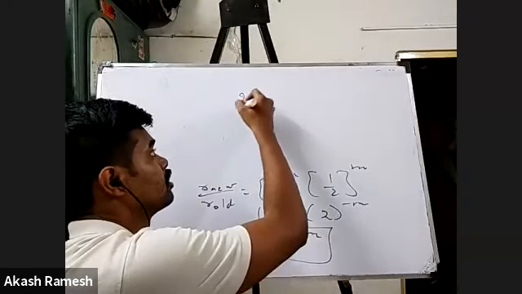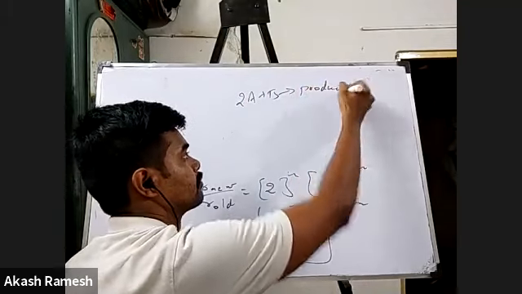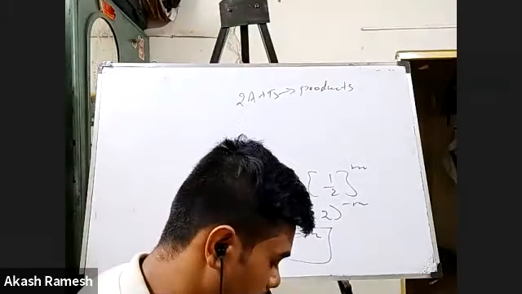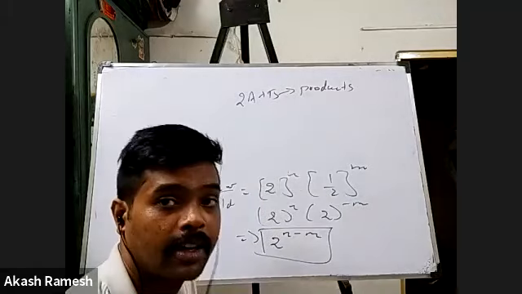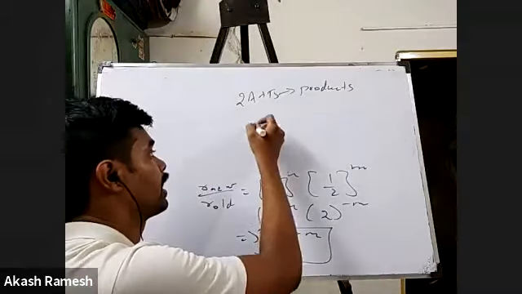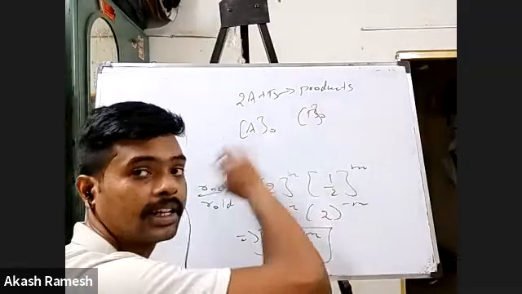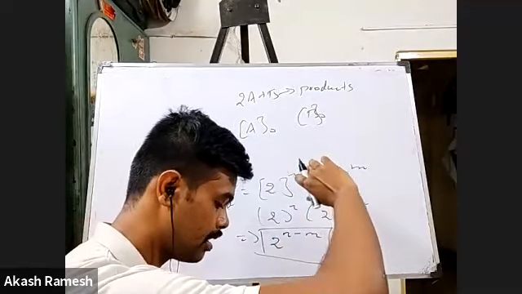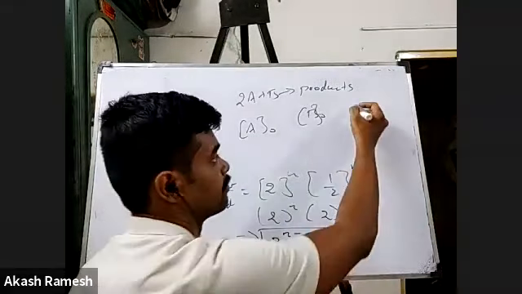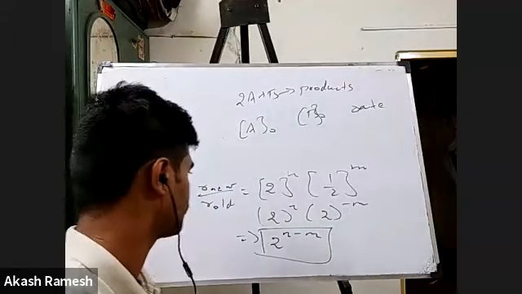For a reaction 2A plus B giving products, they have given some table. The table goes like this. I have A naught, B naught, these are the initial concentrations, and the rate of the reaction.